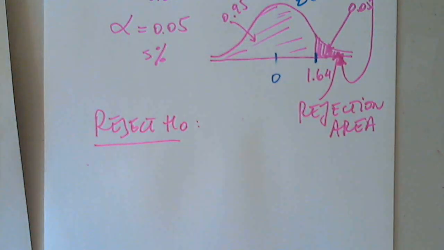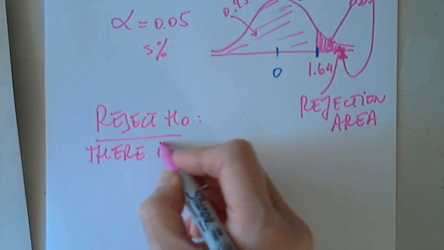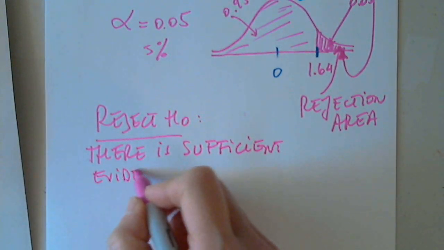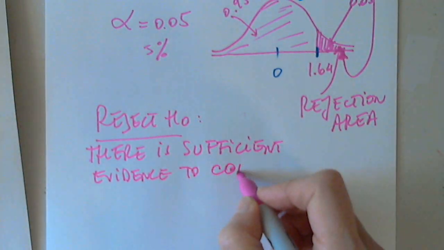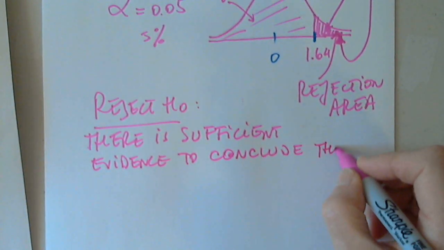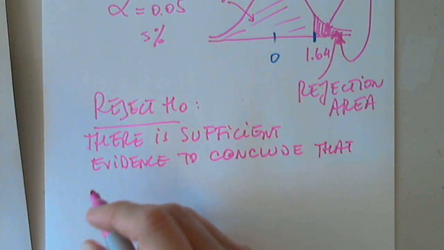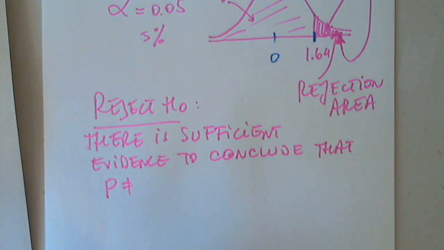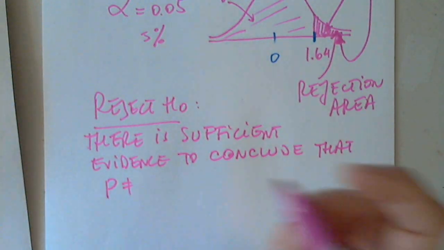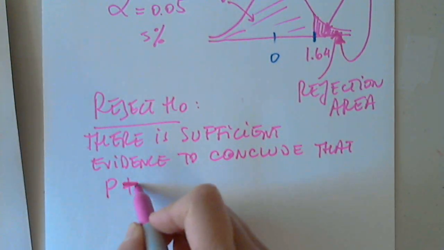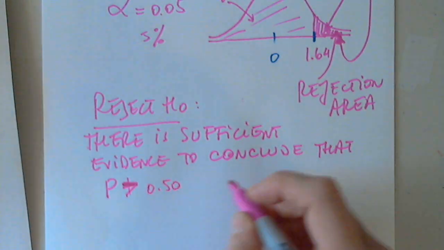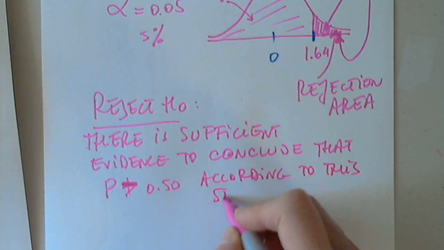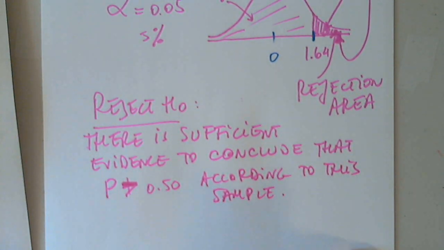And we have to write, there is sufficient evidence to conclude that P is greater than 0.50, there was a right-tailed test, according to this sample, to the data coming from the sample.